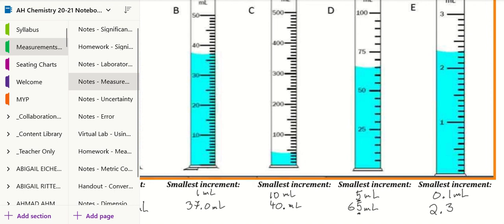What did you guys put for the estimated digit? 0. Did everyone put 0? If I read this, I would probably have read it as 2.29 milliliters. It's the same thing. Do you see how our difference there is only in the estimated digit, really? Okay, good.